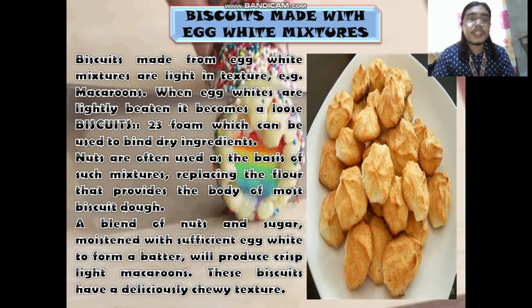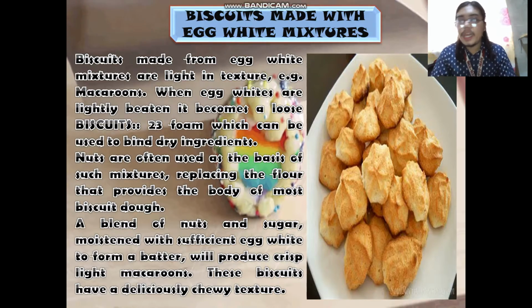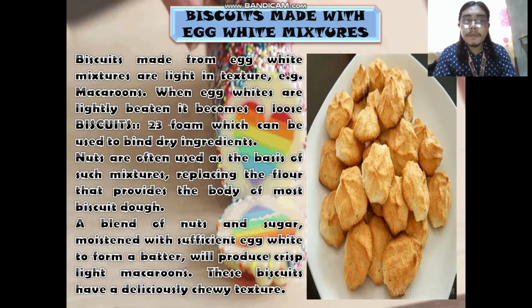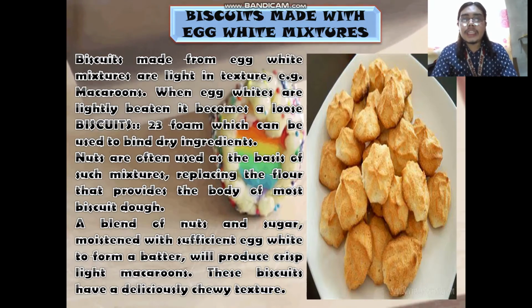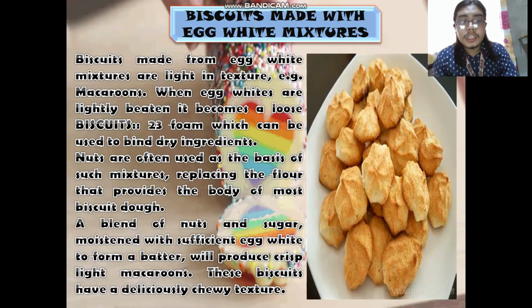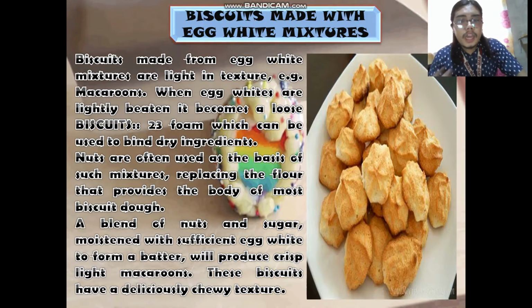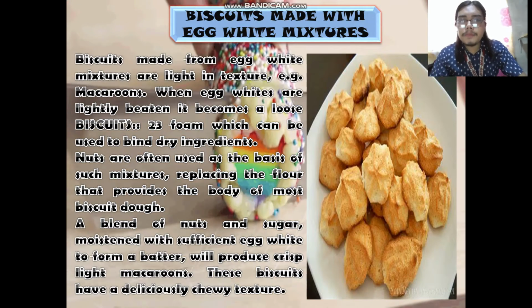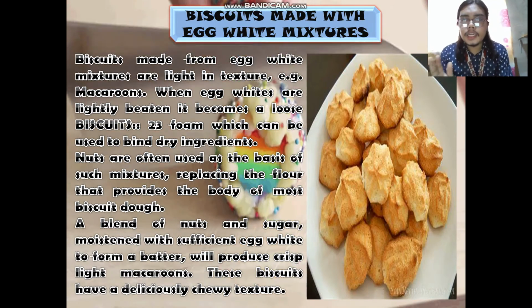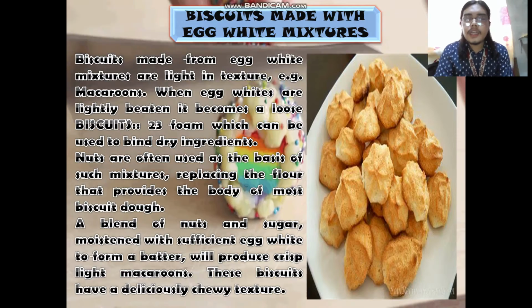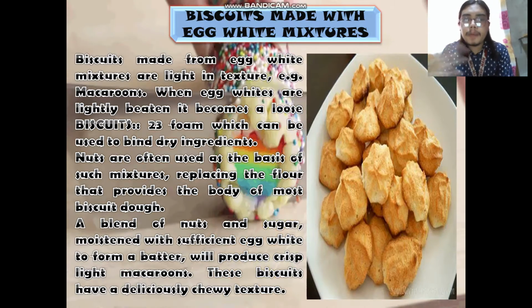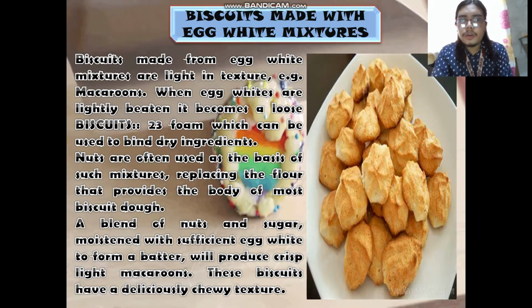These biscuits have a deliciously chewy texture. With the help of the nuts and sugar, the dough is moistened with sufficient egg white. So that is the beginning of the biscuits made from this particular egg white mixture.